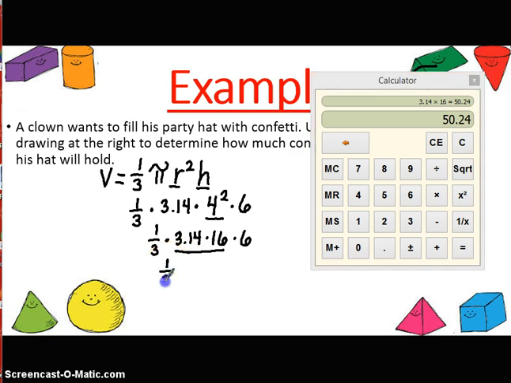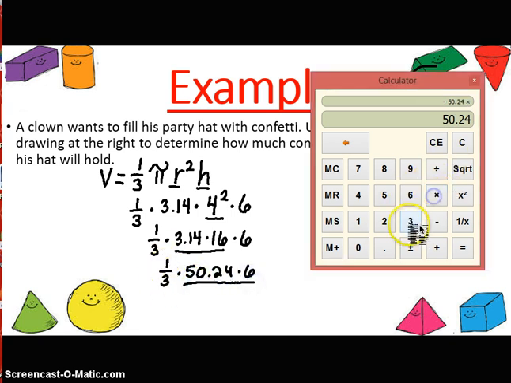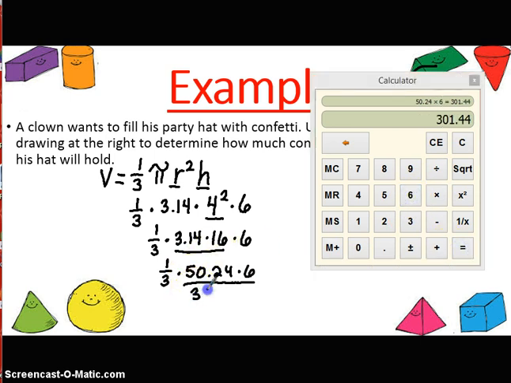So now we have 1/3 times 50.24 times 6. Again, we're going to save this fraction multiplication for last. So we get 50.24 times 6, which is 301.44. So we need to take 1/3 times 301.44. Now remember, any number that does not have a denominator written has a denominator of 1.